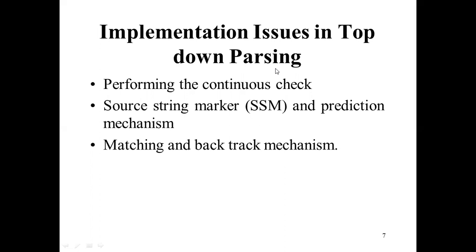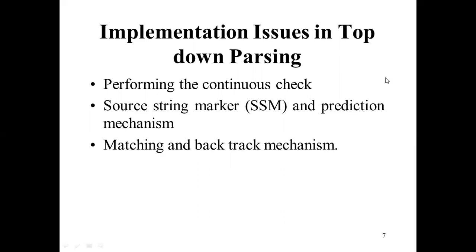The input string is given, so you have to match it with the given input string, and as per need you choose the expression from the given grammar. Either you can choose E plus T, or E minus T, or A, or B, and so on.